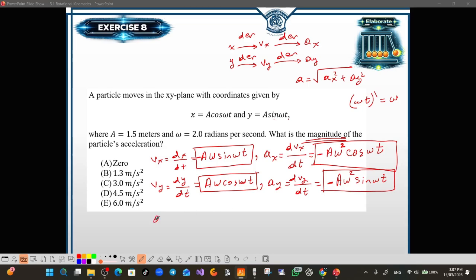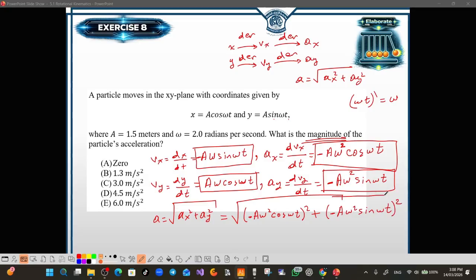To find the acceleration, we just apply the Pythagorean sum. So it will be equal to the square root of ax, a omega squared cosine omega t, to the power 2 plus, and ay is minus a omega squared sine omega t, to the power 2.